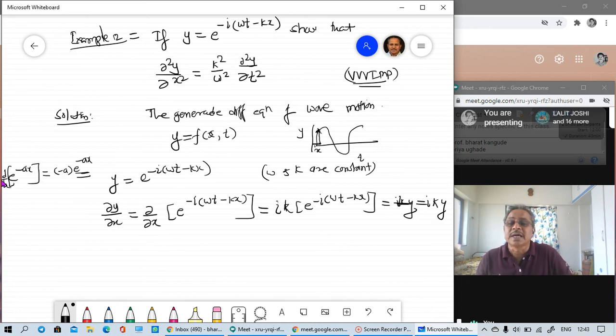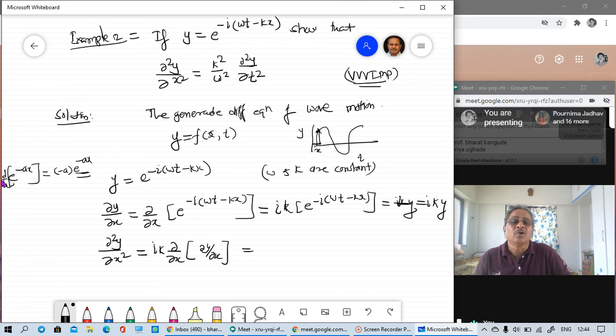Now take the second order partial derivative of y with respect to x. So that is delta square y upon delta x square, which is equal to, I know that this ik is constant, so it can be written outside: ik into delta by delta x of delta y upon delta x.